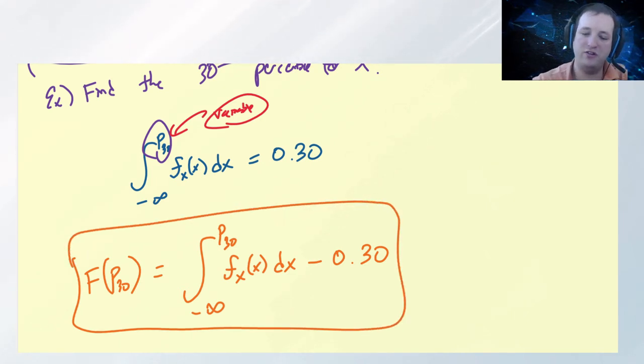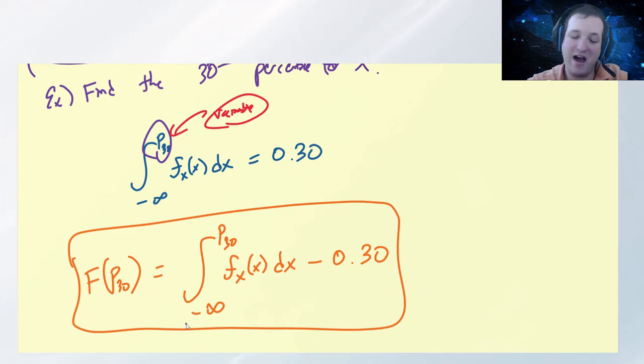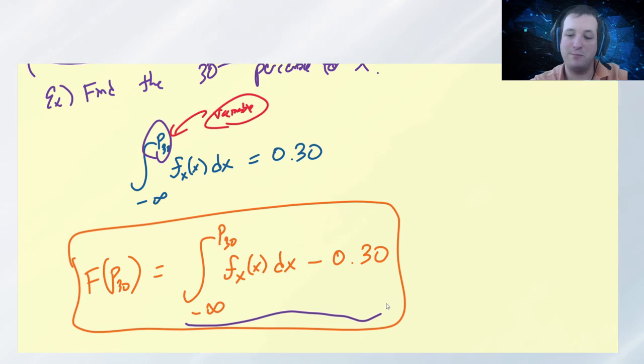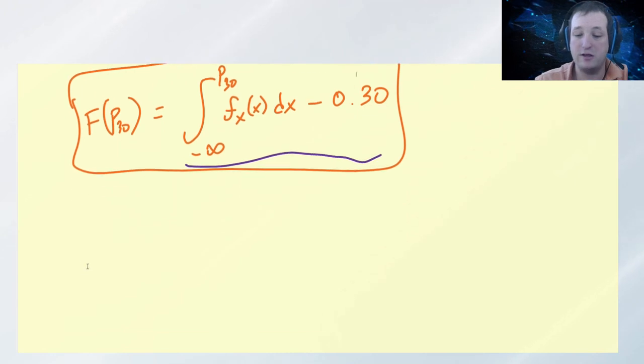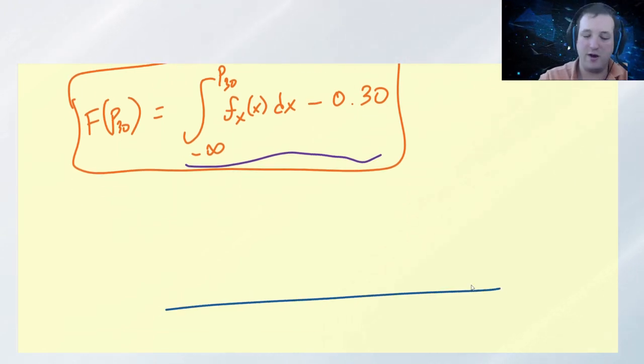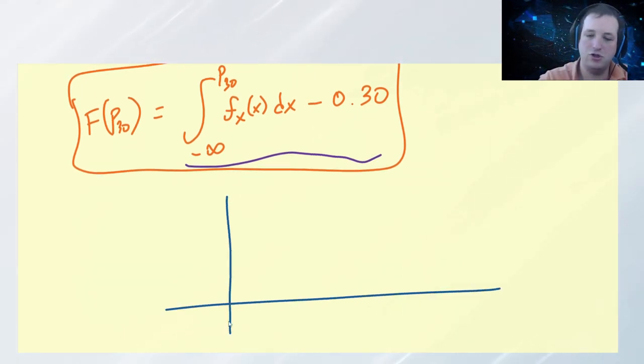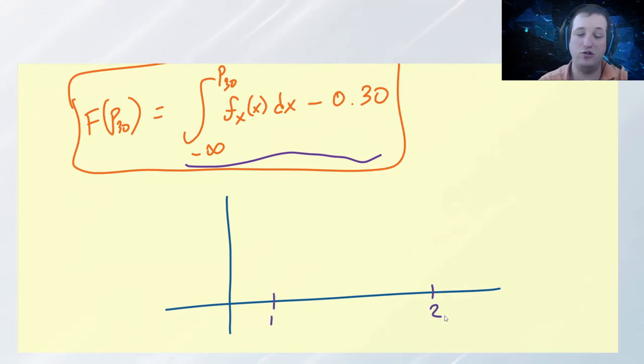So I want to find a value p30 such that this value is equal to 0, right? Now, if you think back to pre-calculus, that is precisely the value of an x-intercept, right? So what I can do is graph this particular integral equation, and remember our support is 1 to 2, so you should get a number between 1 and 2.